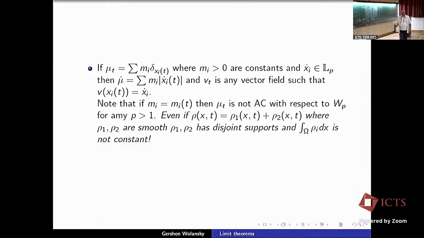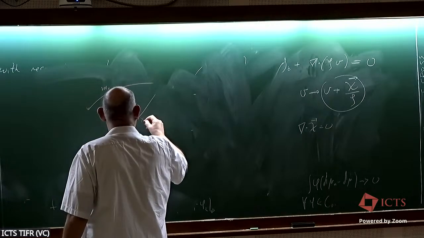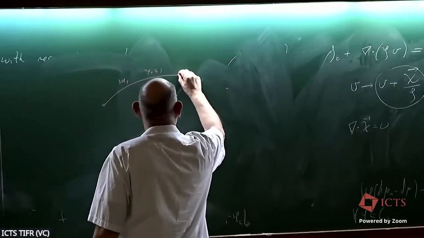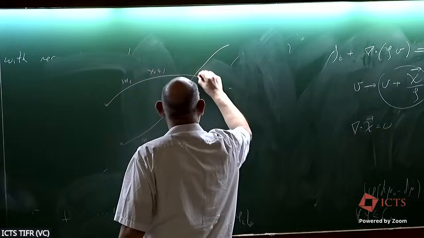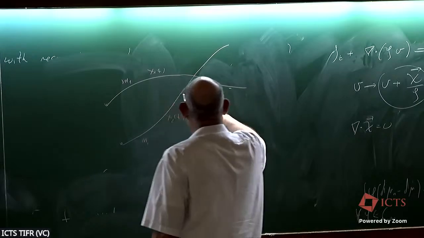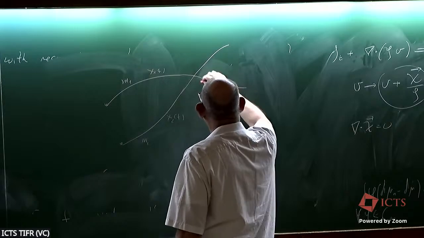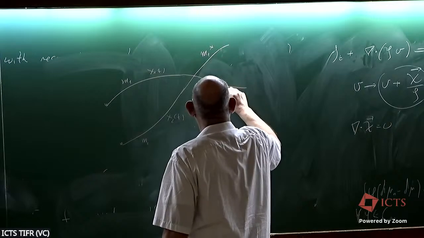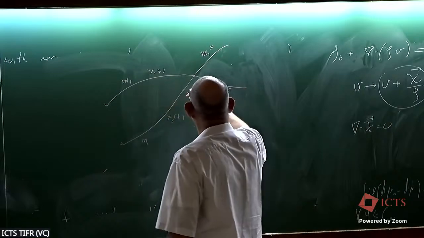Another way that you can think about it, if you look at orbits which are constant, so consider two particles, with masses M1 and M2, moving along orbits X1, X2, and they have constant mass, and they meet somewhere, and then after they meet, they continue. After they meet, they may have different masses. They don't have to keep the original masses.